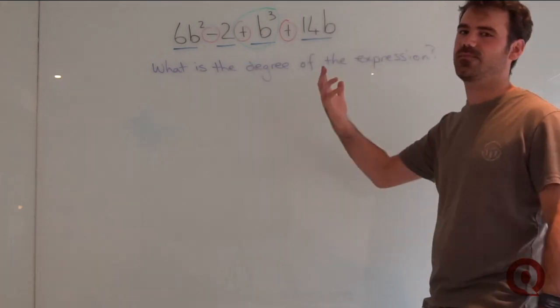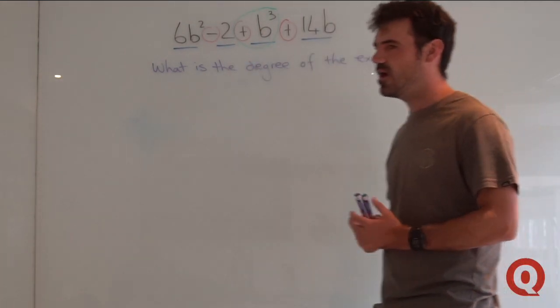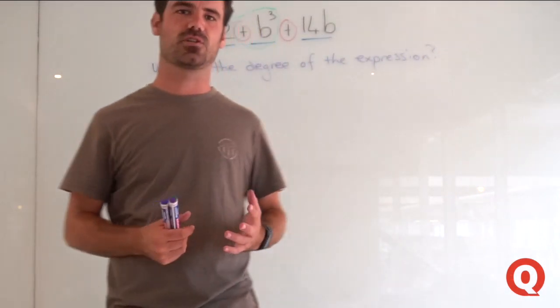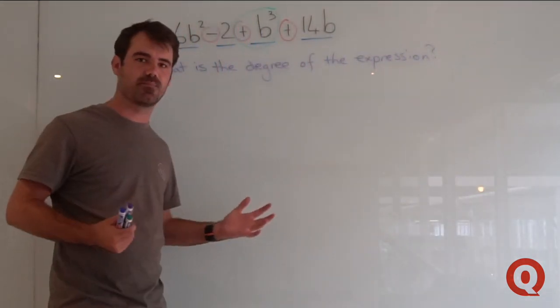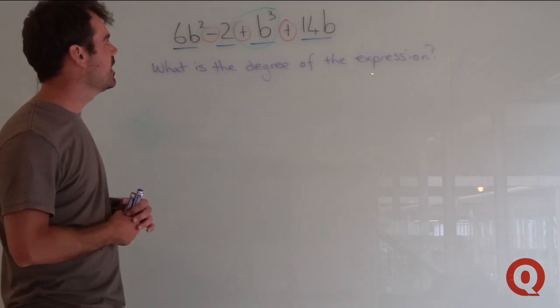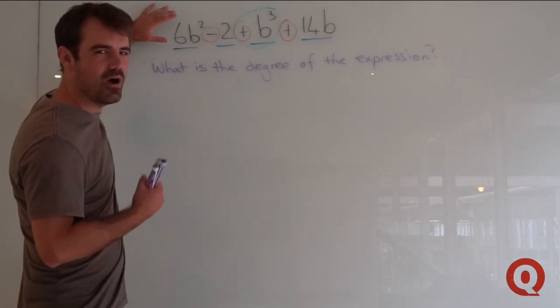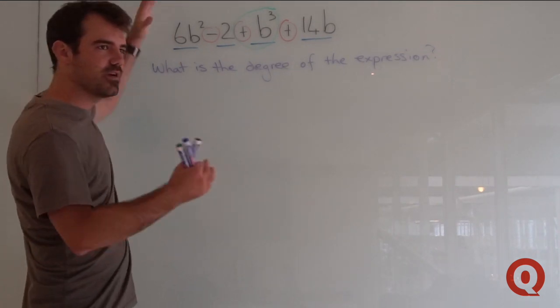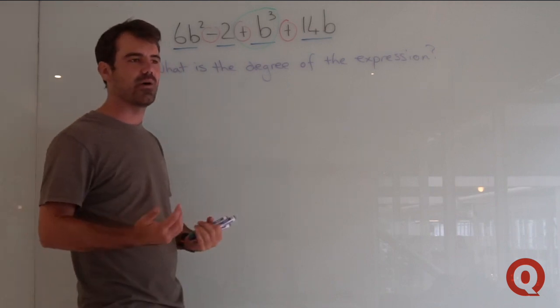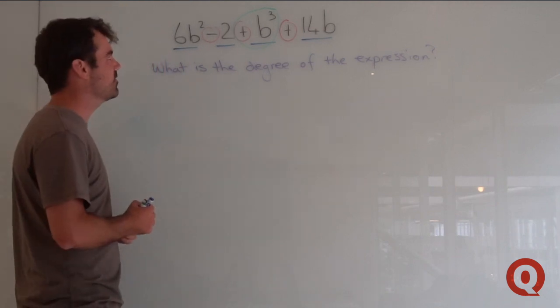What is the highest power that we have here? So when they're asking you what is the degree of an expression, any expression for that matter, we just need to find our highest power, our highest exponent. Don't be confused between the two words. I can say power or exponent. They mean the same thing.